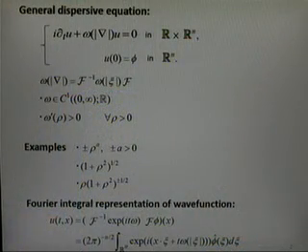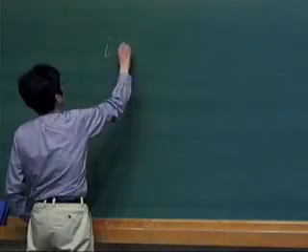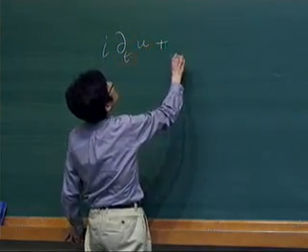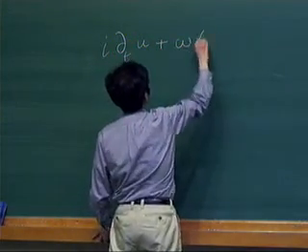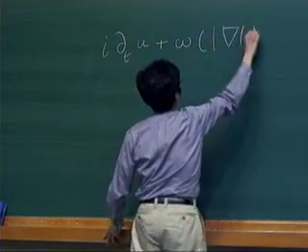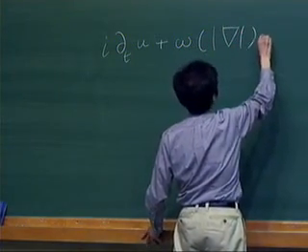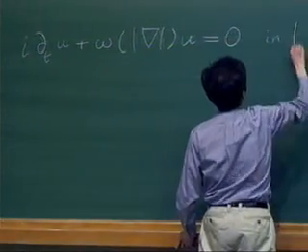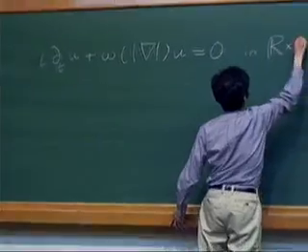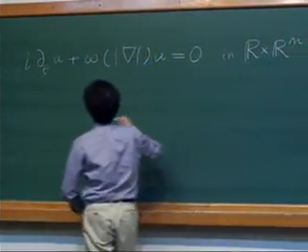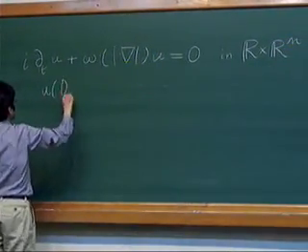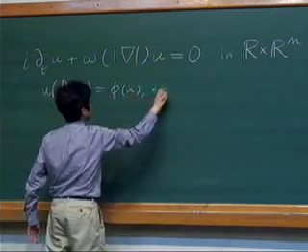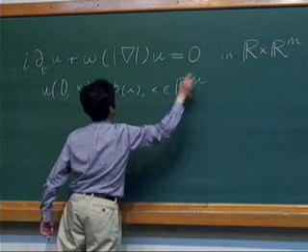I'm going to talk about the linear problem i∂_t u + ω(|∇|)u = 0 in space-time R × R^n with initial function φ(x), x in R^n.